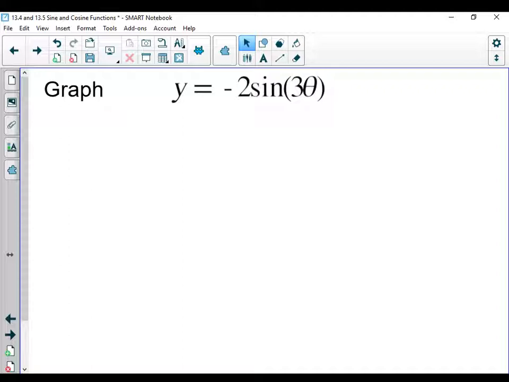So first what I want you to do is tell me the amplitude and the period of this function. Just go ahead and write down the amplitude and the period of the function.